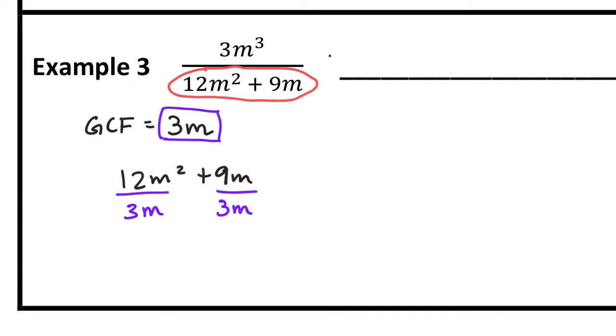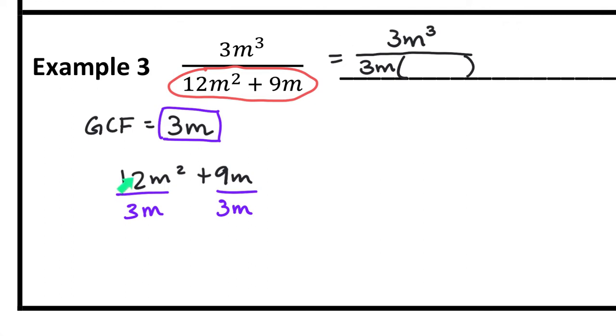So I'm going to put equals, put my fraction line, copy the 3m to the third, just copy it, bring it over, and then this red part is where I'm getting the GCF from, right? The 12 and the 9 are both divisible by 3, and they both have at least one m. So I'm going to write the GCF is 3m, and then I'm going to set up my parentheses.